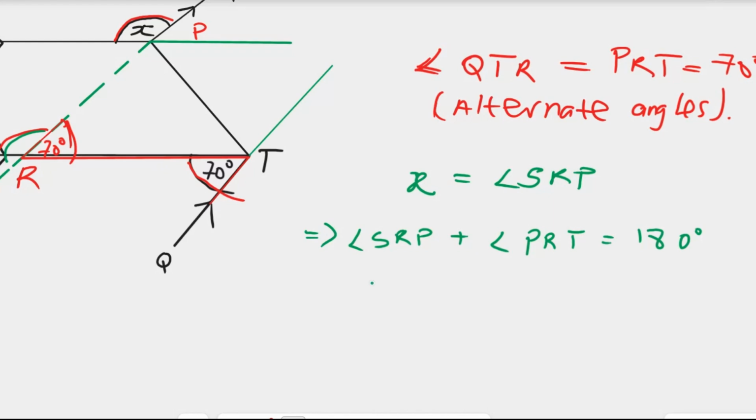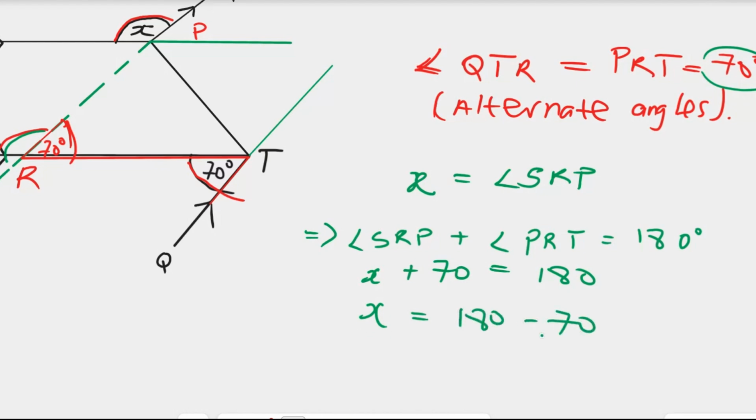So angle SRP is x, plus angle PRT, that is this one, 70, is equal to 180. So x is equal to 180 minus 70. So x is equal to 110 degrees. So that is how we can find the value of x.